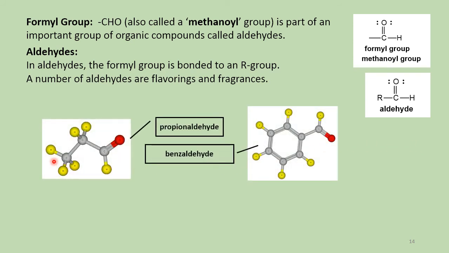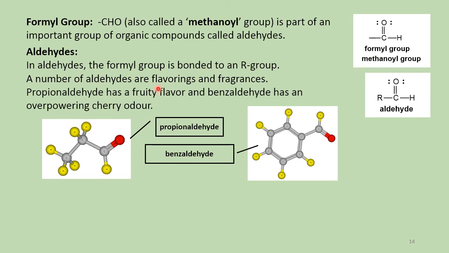Here's an example, propion aldehyde, a 3-carbon aldehyde, CH3 CH2 carbonyl H, has a fruity flavor. Benzaldehyde, C6H5 carbonyl H, has an overpowering cherry odor.